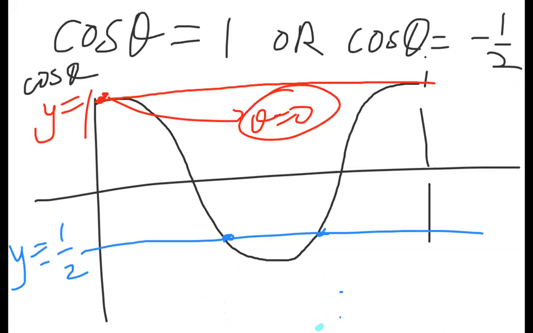I'll get a different one. This is 2 pi over 3 and 4 pi over 3. Yeah, thank you, Connor.